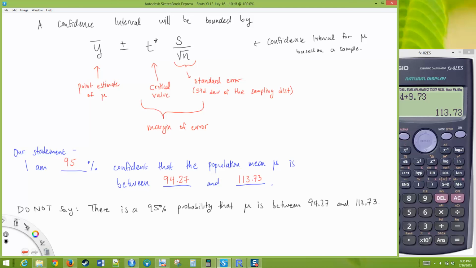So it doesn't make sense to talk about probability. We can only talk about being confident that mu is in our interval or not. So don't say there's a probability of mu. It's only about our confidence about the location of mu.